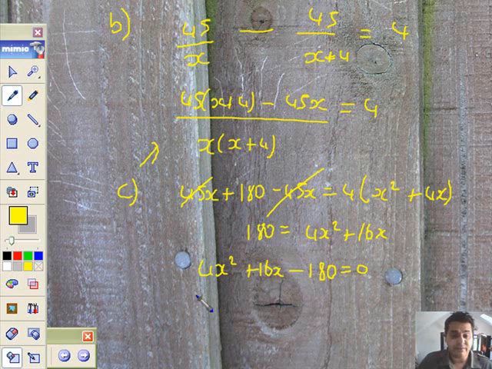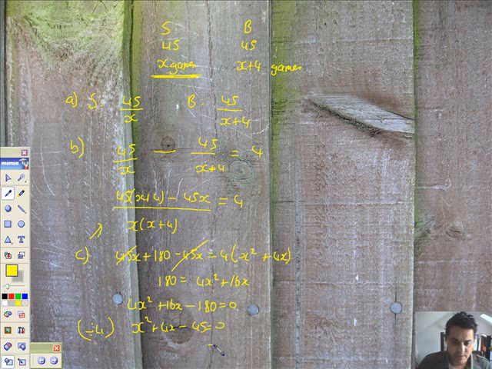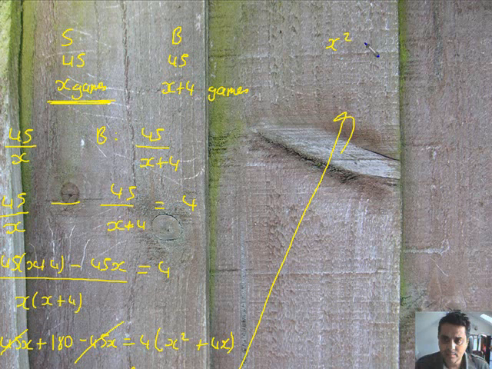Divide through by 4, just to simplify down, so show the examiner what I'm doing. Plus 4x minus, well, 180, halve it and halve it, comes to 45, equals 0. Let's go upstairs and get factorising. So I've got x squared plus 4x minus 45 comes to 0.